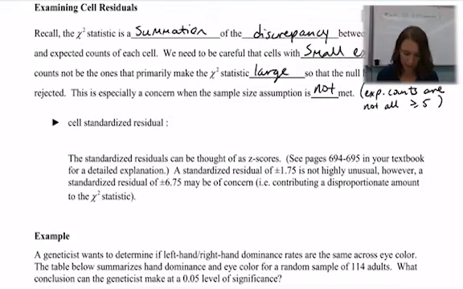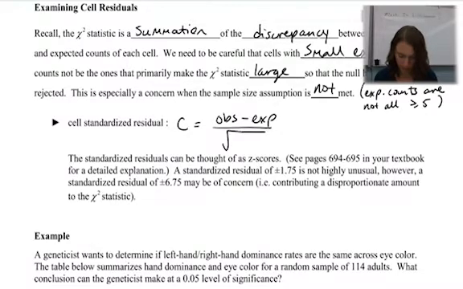The cell standardized residual is C equals the observed value minus the expected value, divided by the square root of the expected value. This is actually just the square root of the chi-squared part of the formula. If we had observed minus expected squared over expected, and I square rooted the whole thing, I would get this.